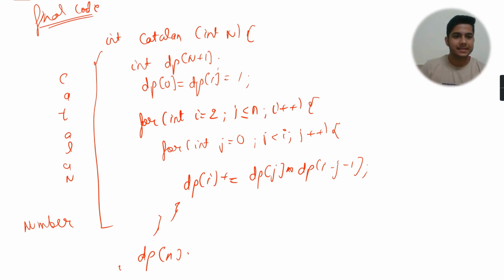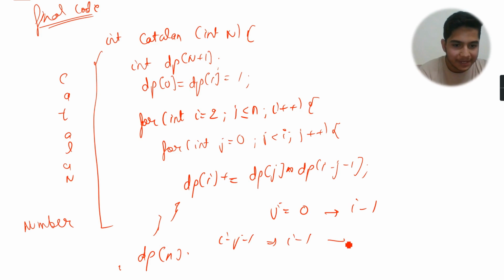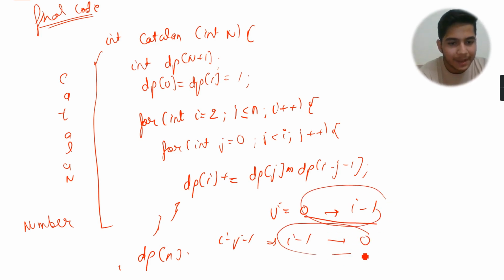What's basically happening is that j will go from 0 to i minus 1, okay, so the roles have not switched. And i minus j minus 1 will start from i minus 1 when j is 0 and will end up at 0. So j will be from 0 to i minus 1 and the other will be from i minus 1 to 0. That's only what we have to calculate.